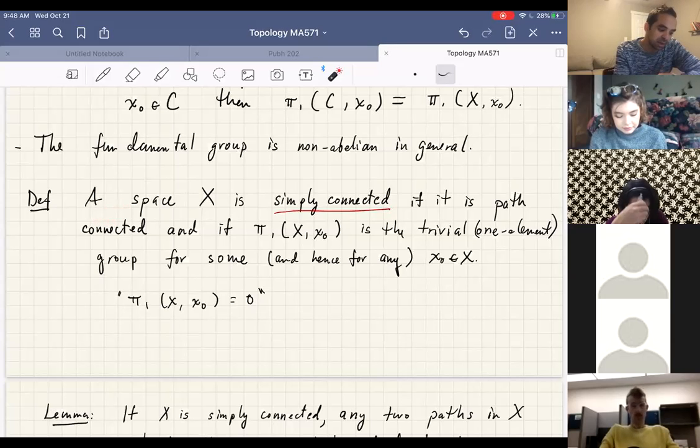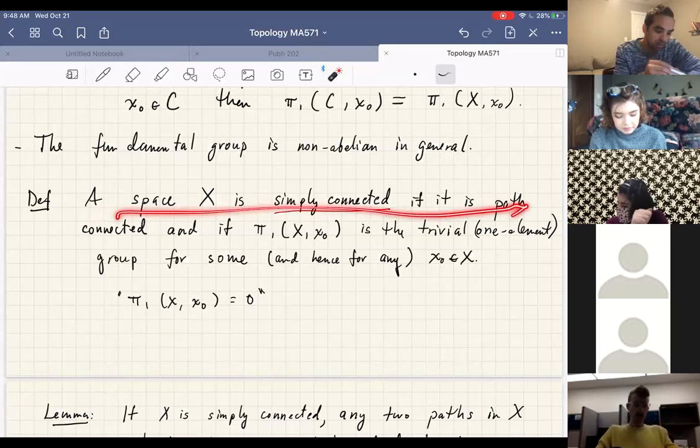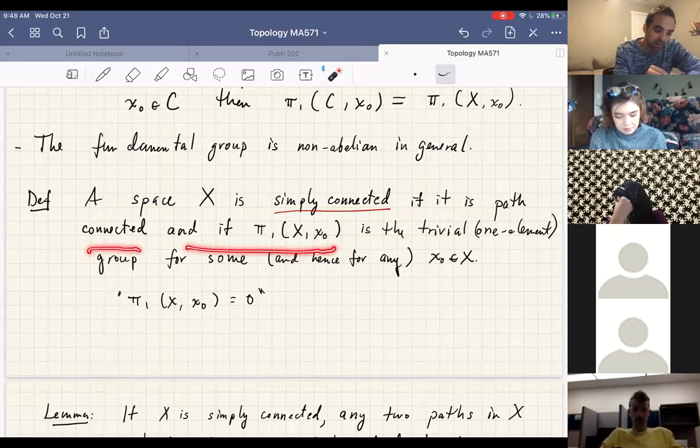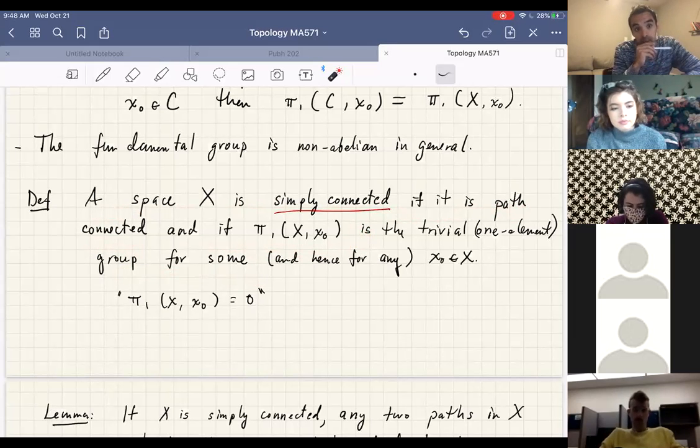When we have a trivial fundamental group, we say a space is simply connected, right? More precisely, a space is simply connected if it's path connected and if the fundamental group at any point x0, and hence at every point x0, is the trivial group.